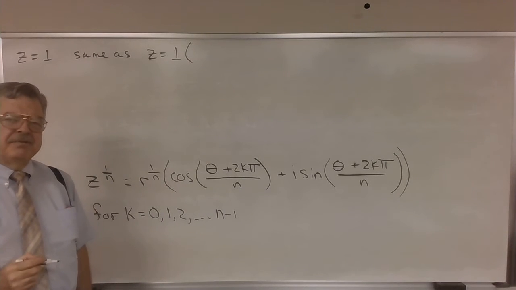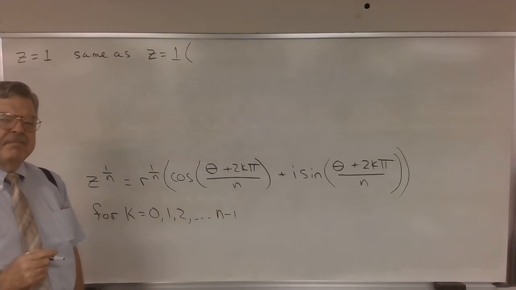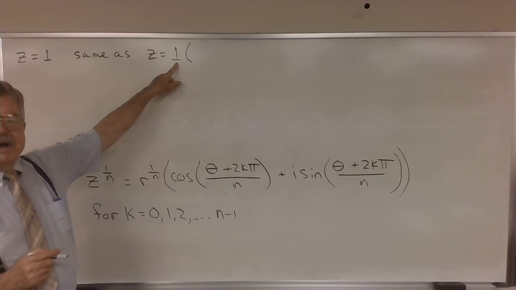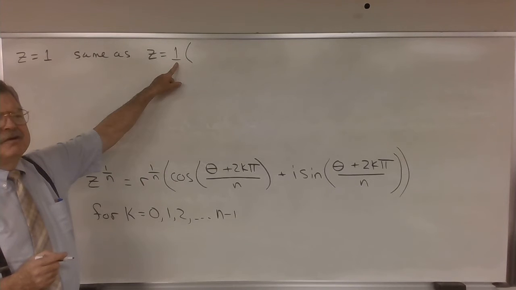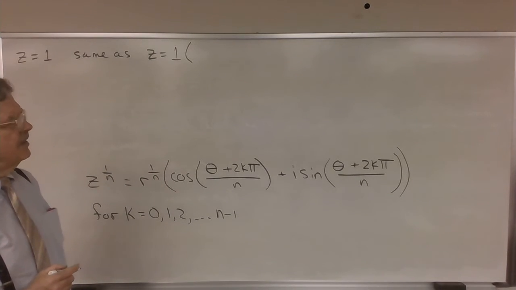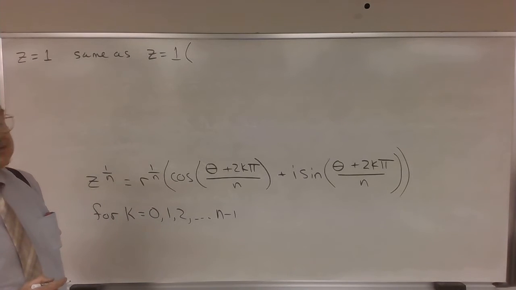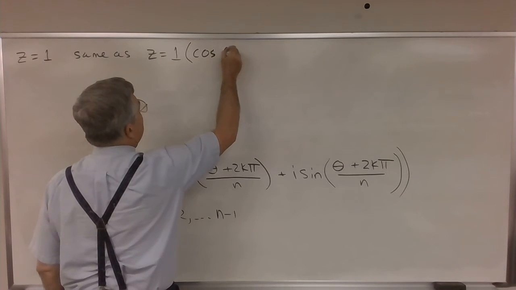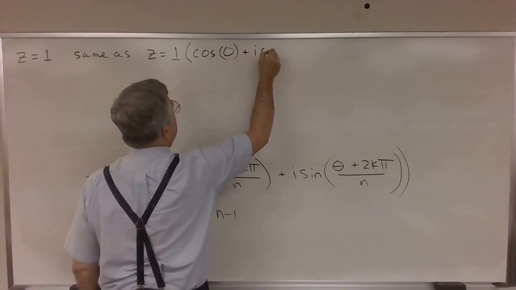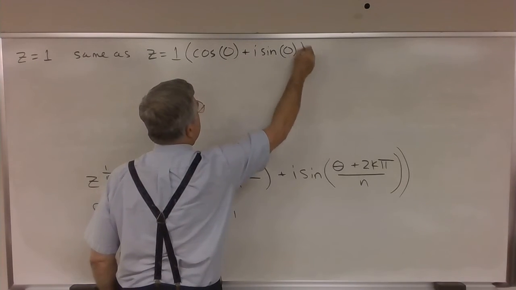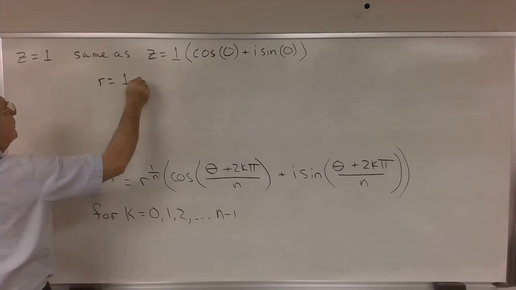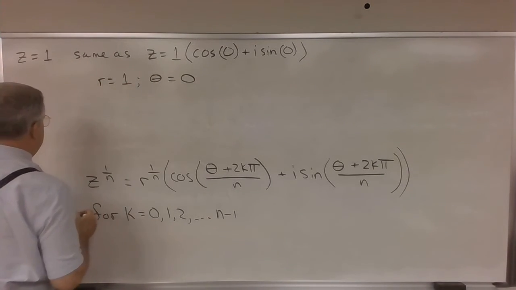And this is strictly a real number. It has no imaginary part. So in the xy plane, this is a point on the x-axis, a distance of 1 unit from the origin. So the angle is 0. So r equals 1, theta equals 0.